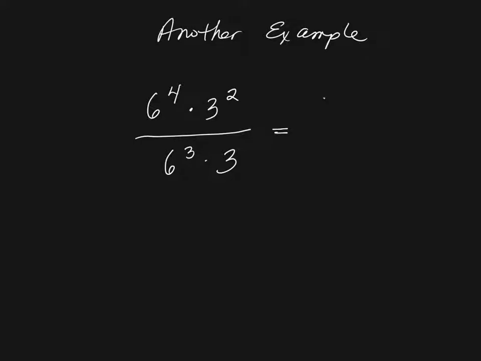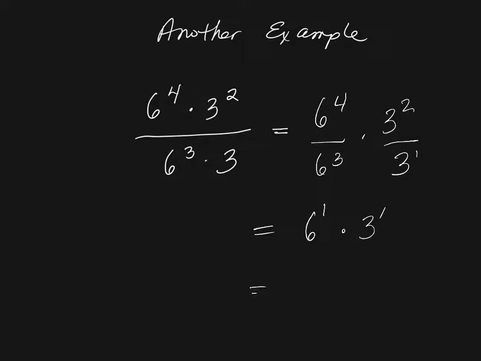This is the same as 6 to the 4th divided by 6 to the 3rd times 3 squared over 3. That is totally fine. So 6 to the 4th divided by 6 to the 3rd is 6 to the 1, right? You subtract, times 3 squared over 3. That's really to the 1, right? So this is 3 to the 1. So the answer is 18.